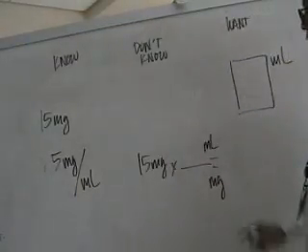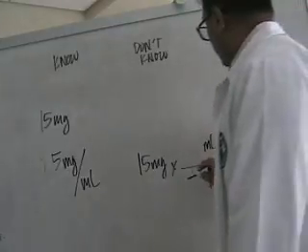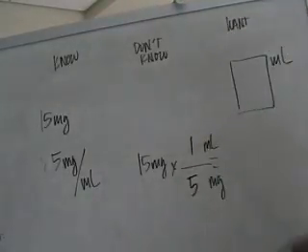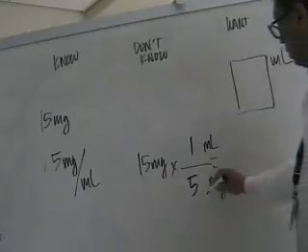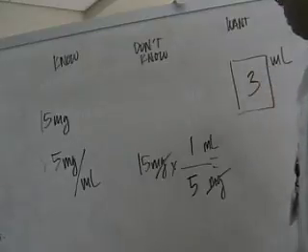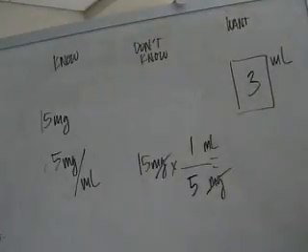So I have my conversion, 5 milligrams per mL. 5 milligrams for every 1 mL. 15 divided by 5. The milligrams cancel out. I have what? 3 mL. So, for example, this vial only comes in 1 cc or 1 mL vials. How many vials do I have to get? 3 of them.